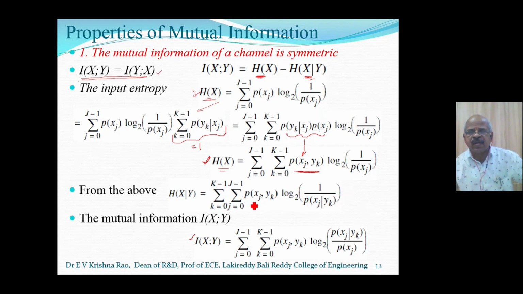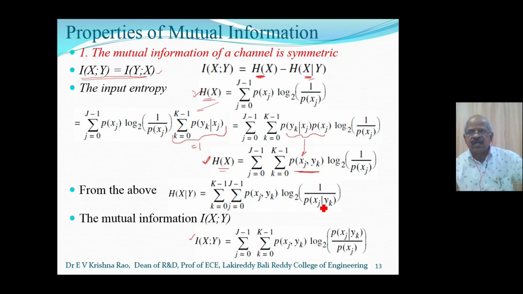The product again becomes the joint probability. So this is the joint probability. If you take this minus this, the common factor is p(x, yk) multiplied with logarithmic base 2.